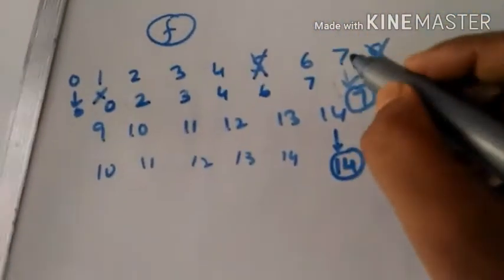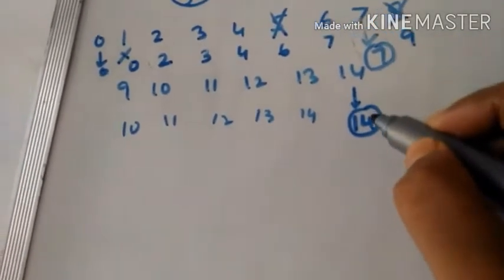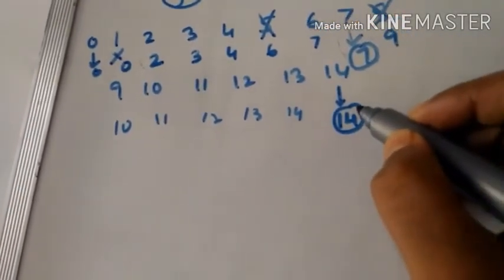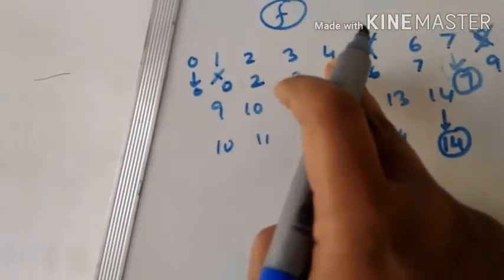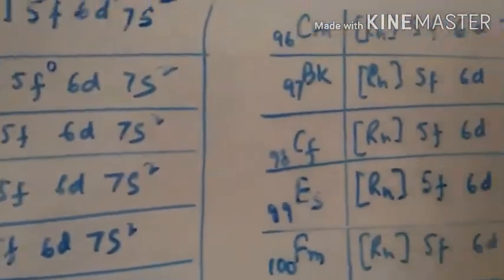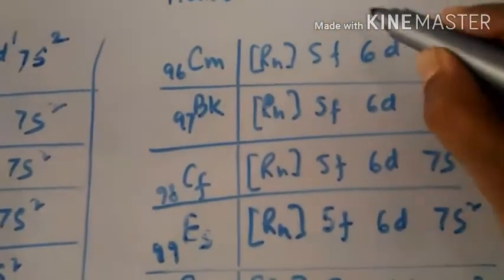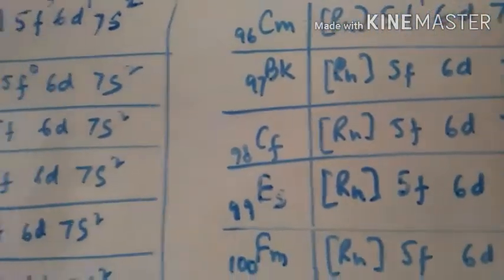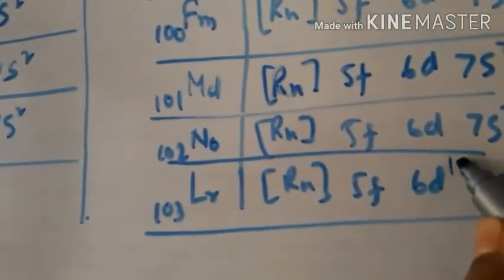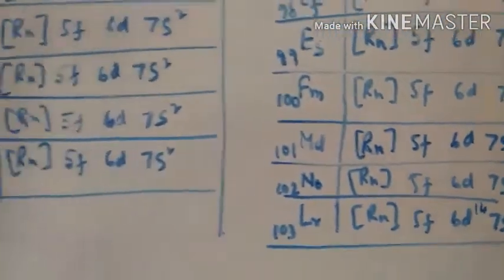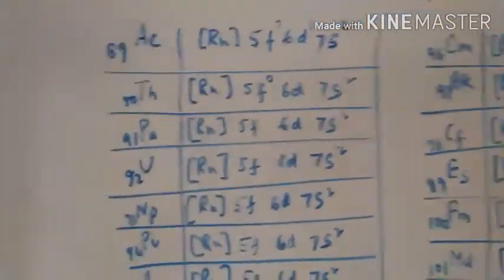Now 7 for 7 and 14 for 14, I have already done it for you. 7 for 7 means starting from 0, 1, 2, 3, 4, 5, 6, 7, 8. That means the 8th element is curium. The number of f electrons in curium should be 7. And the last one is the 14th electron, that lawrencium should also have 14 electrons. That I have already marked for you for the calculation portion.